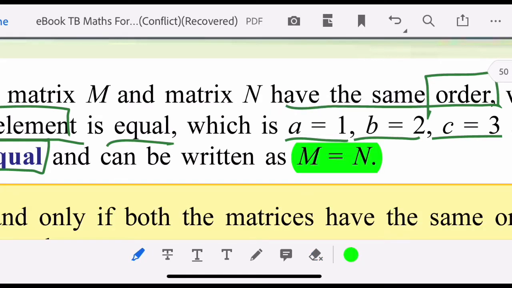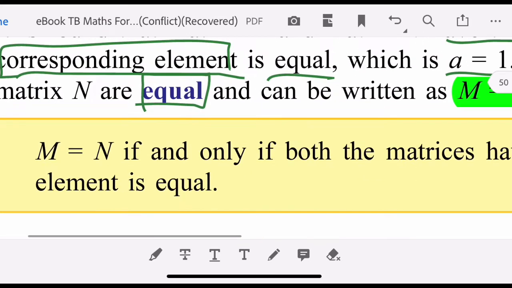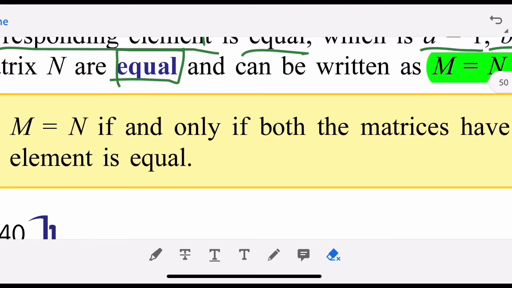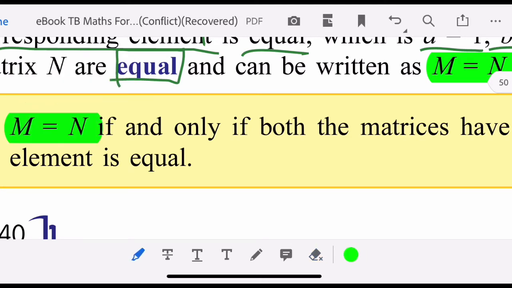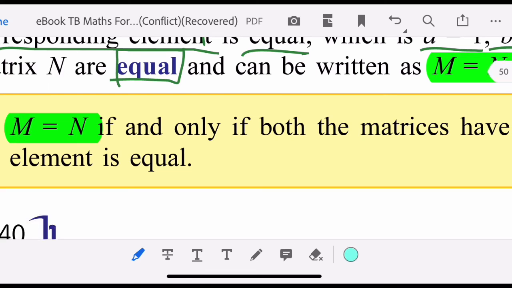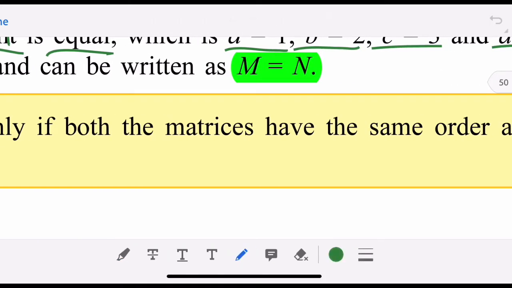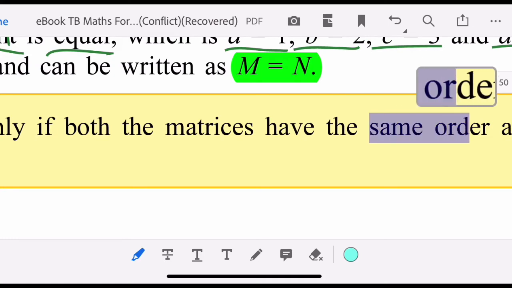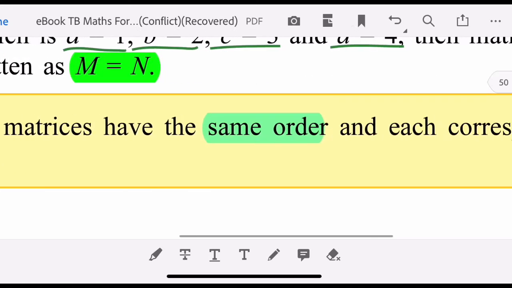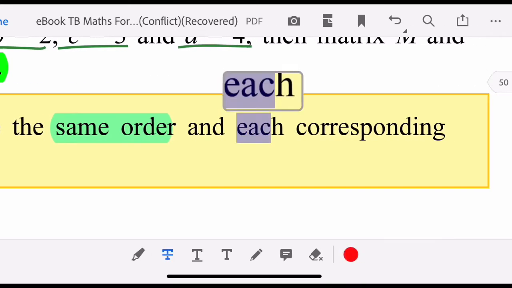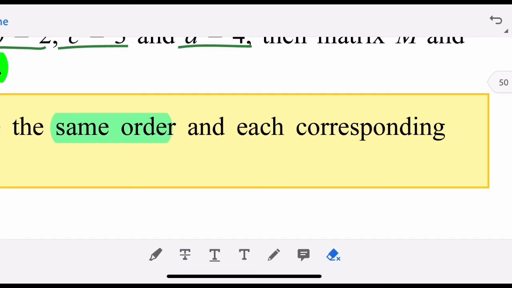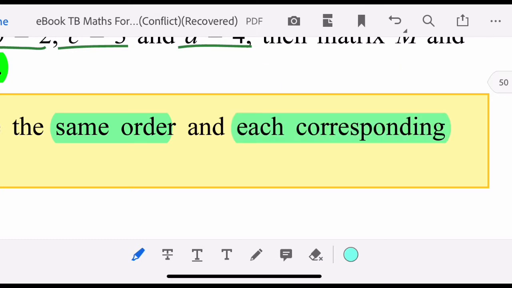Okay, so there are two conditions, right? Let's write down: matrix M is equal to matrix N if and only if both of the matrices have the same order, and another condition is each corresponding element must be the same.